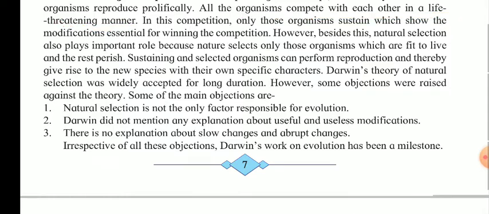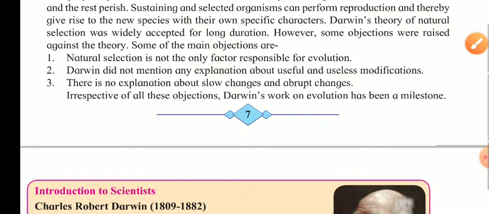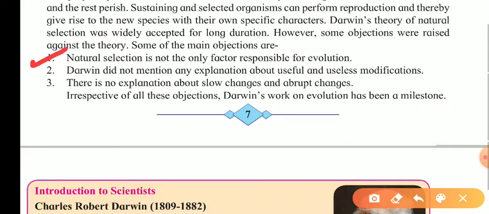After this, when we talk about Darwin's theory of natural selection, many things were objected to by others. Darwin's theory was accepted, but people had objections. The first one they mentioned was that natural selection is not the only factor responsible for evolution.